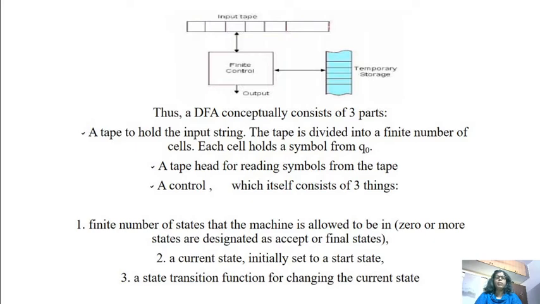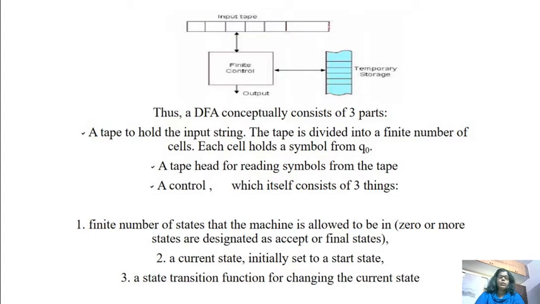First, the input string. This is the tape head. The tape head can read the symbols and send them to the control unit. Next is the finite control, which itself consists of three things.